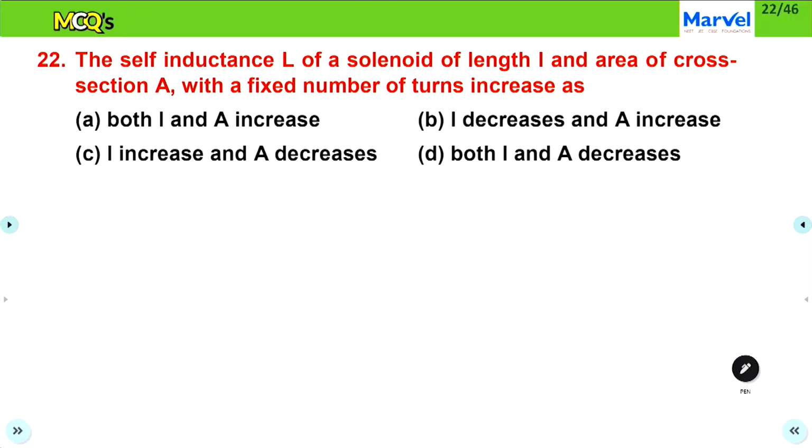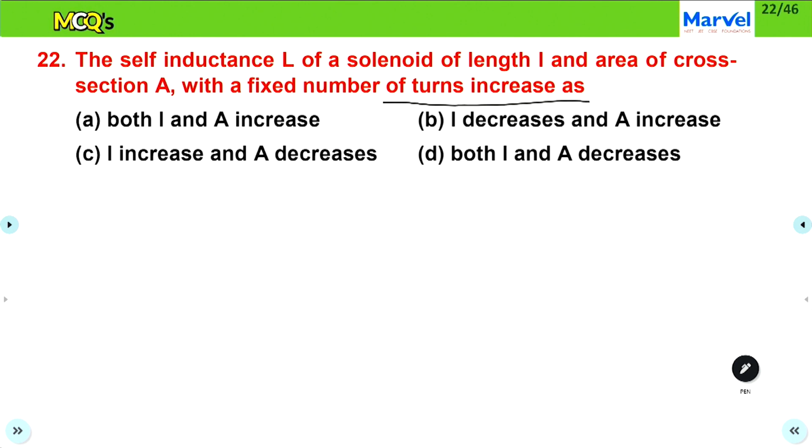The self-induction L of a solenoid of length l and area of cross-section A, with a fixed number of turns, increases. So the turns in the solenoid are kept constant, but you still have to increase the self-induction of the solenoid. Which one do you think we have to do?